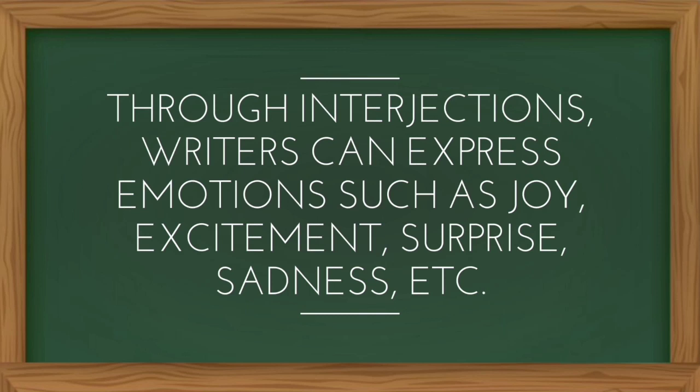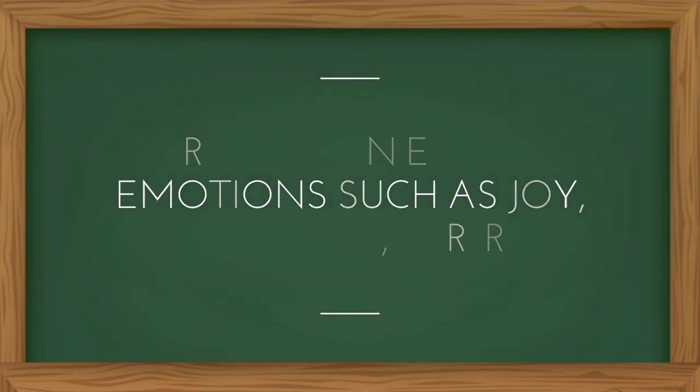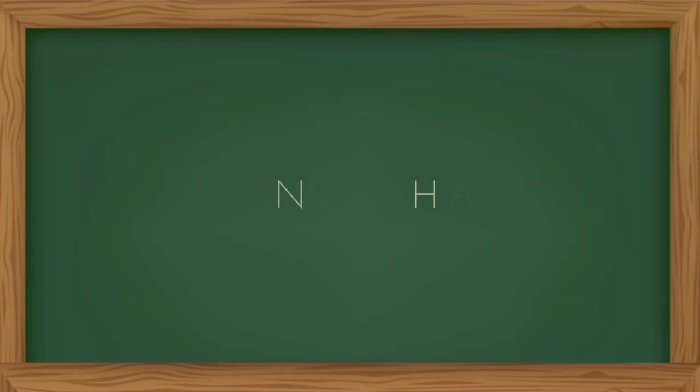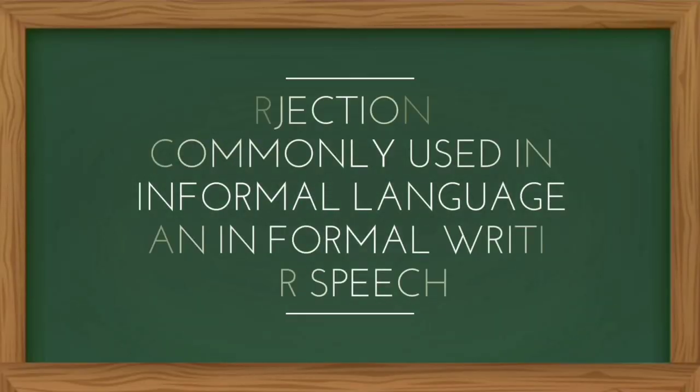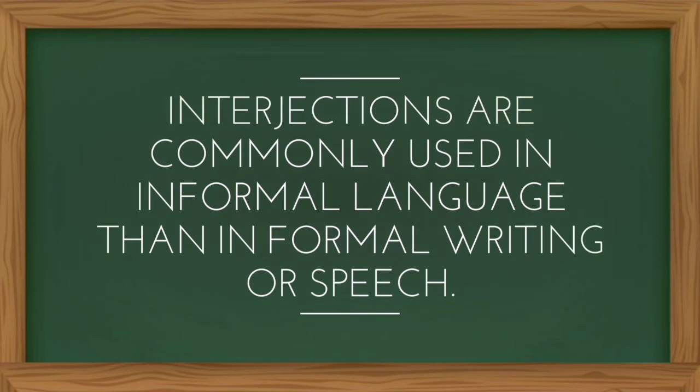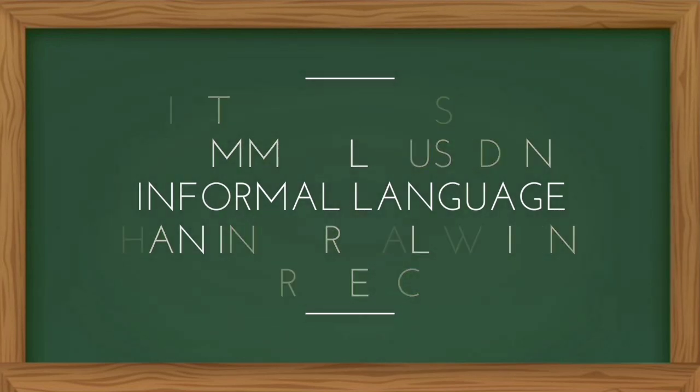So through interjections, writers can express their emotions or feelings. Lastly, interjections are commonly used in informal language rather than in formal writing. Although it is usually used or expressed in speech more than in writing, it should be used minimally.